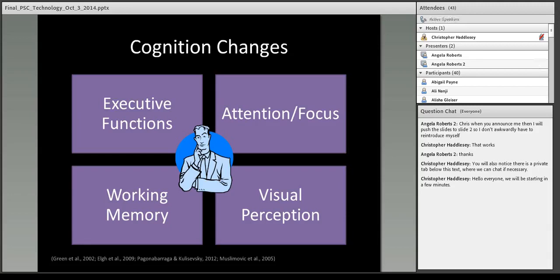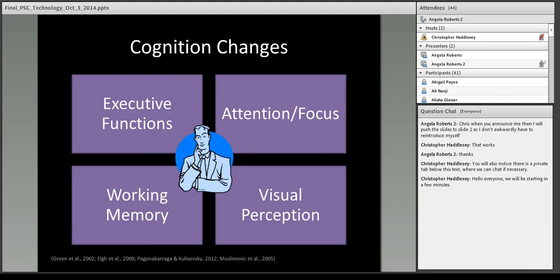Changes in planning and organization can be seen early, and we generally call these aspects executive functions. There are also early changes in working memory, the type of memory we use to hold on to information and manipulate it so we can think about and plan, particularly in language, how we want to respond.